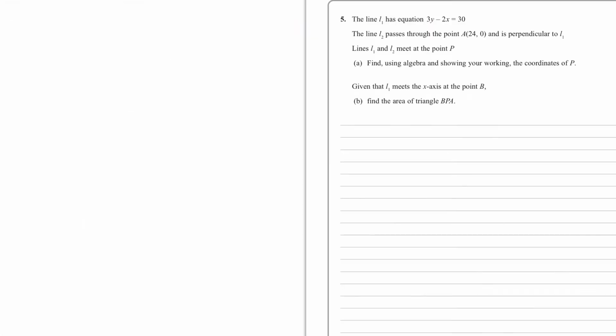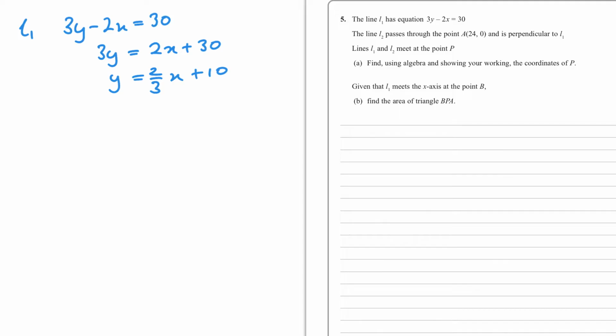So first things first, we know that L1 is 3y minus 2x equals 30. We want to make this y equals, so 3y equals 2x plus 30, or y equals 2/3 x plus 10.